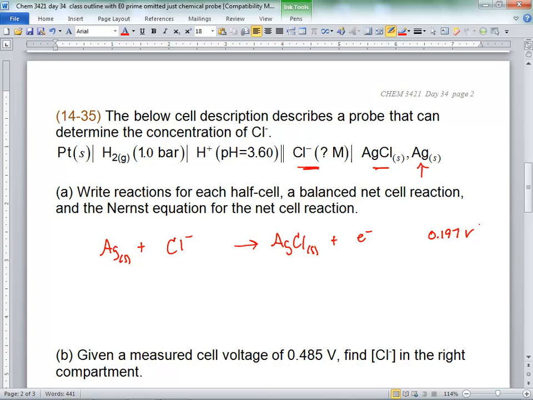That should be 0 volts. Hydrogen gas plus hydrogen ion. Did I screw up in the thing? Hydrogen gas plus hydrogen ion.